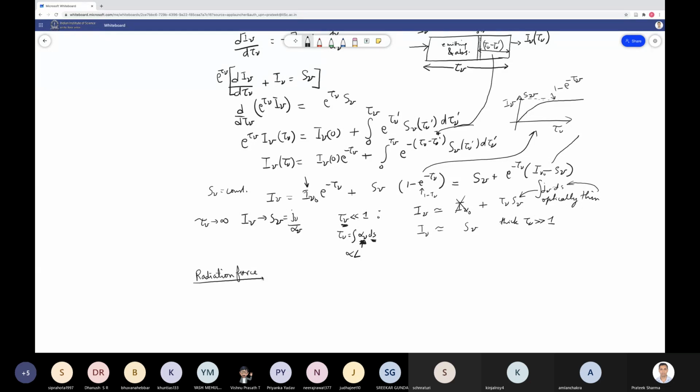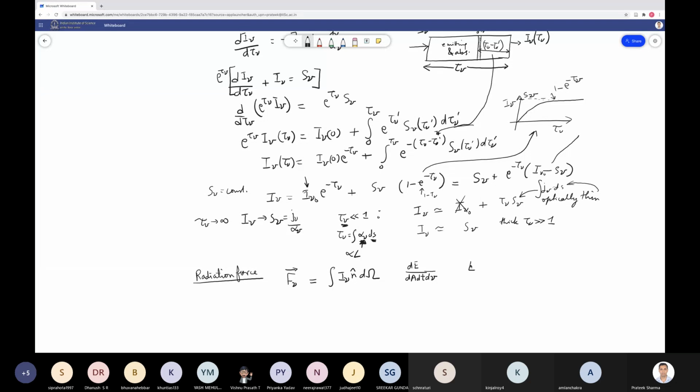Because of this transfer of momentum, you can think about the force exerted due to absorption of radiation. I already mentioned the radiation flux. This is nothing but the integral of I nu n hat d omega. This is the energy crossing per unit area, per unit time, per unit frequency. So if you have a surface, how much flux is crossing?